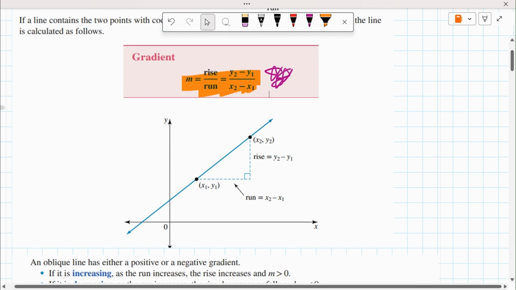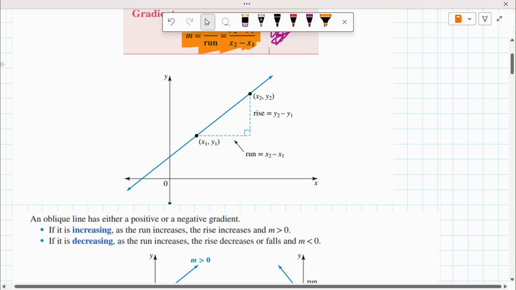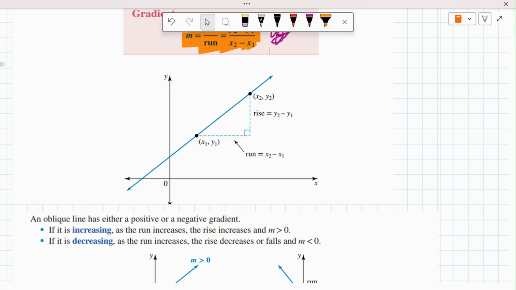So rise over run basically represents a right angle triangle, with the rise being the difference in y, the y changes. And the run means the difference between each two coordinates, which is the x changes. If this is a positive gradient, that means you are increasing the run.